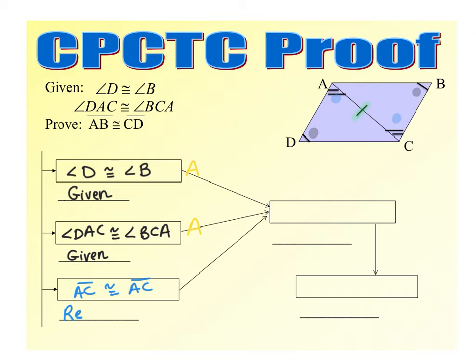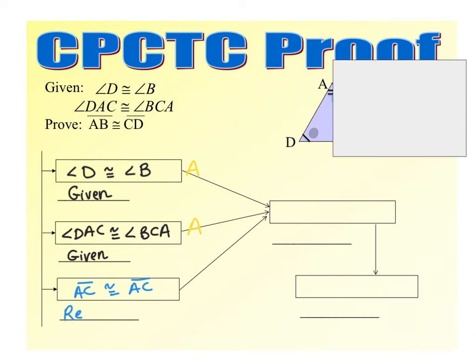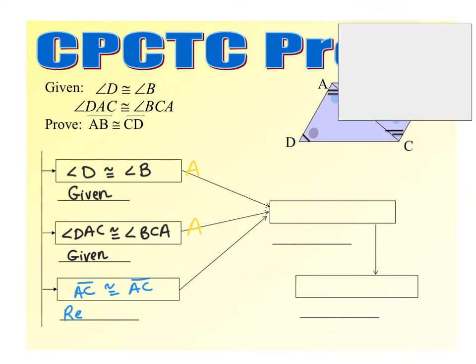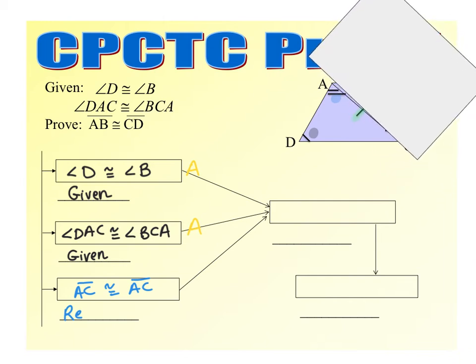Now by looking at the two triangles, I'm going to hide one triangle so I can figure out what property to use. I'm going to look at triangle ACD. I can see that I have an angle, an angle, and a side. I have marked an angle, another angle, and a side.